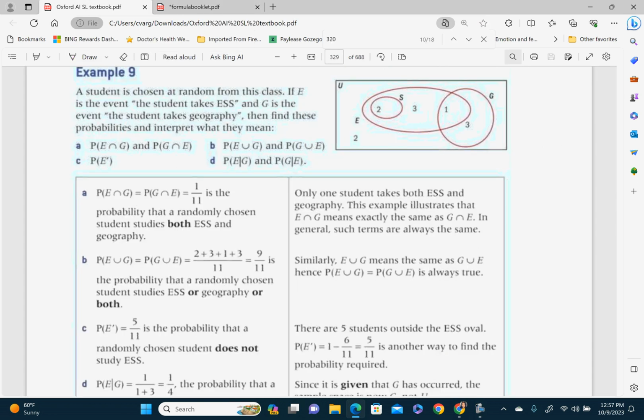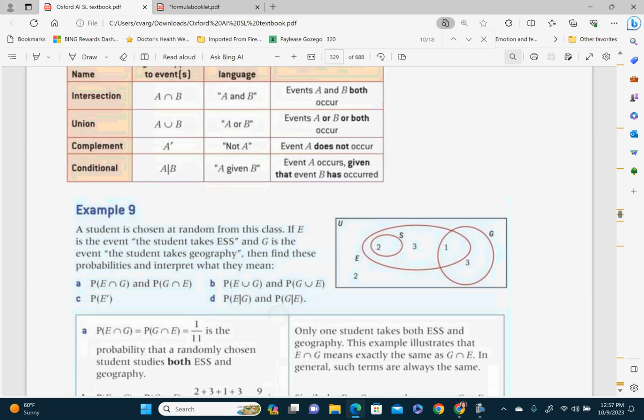So in the Oxford book, there are a couple of examples of this, and they walk you through it. But hopefully now, in light of, we just talked about intersection, we talked a little bit about union, which is the or. Complement is like not something, so the probability of rain and the probability of not rain, so R prime, they equal 100%.